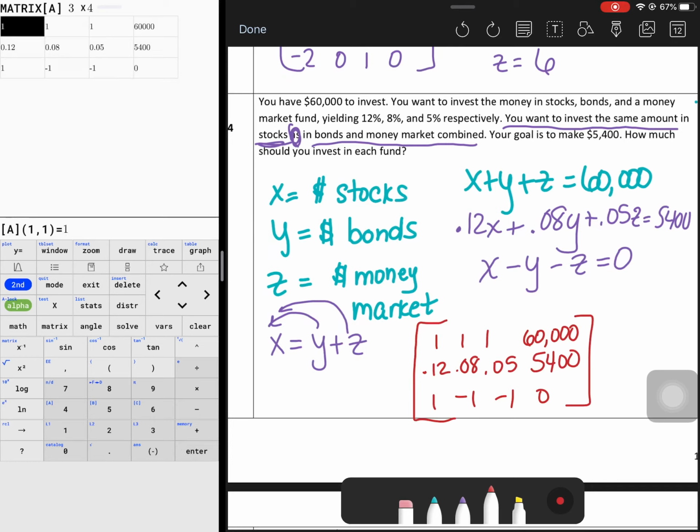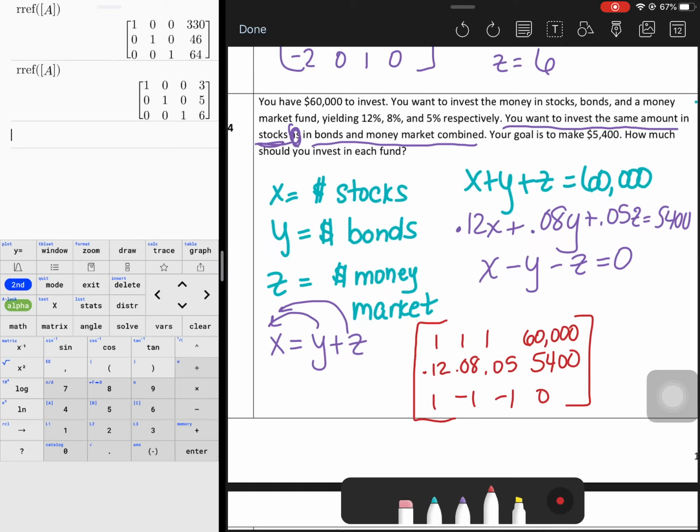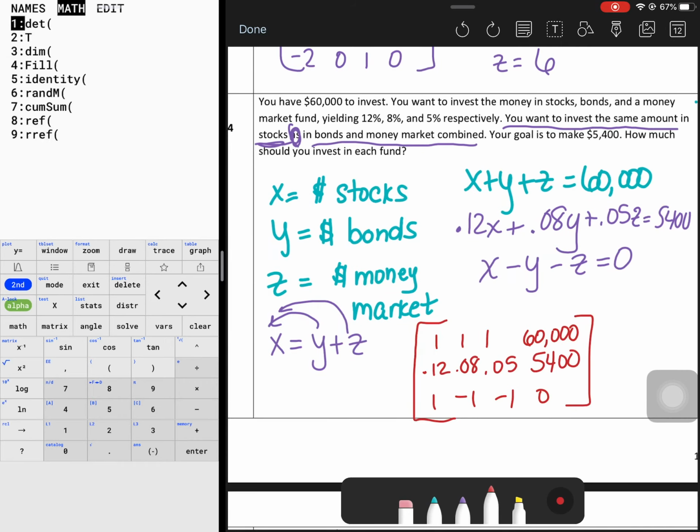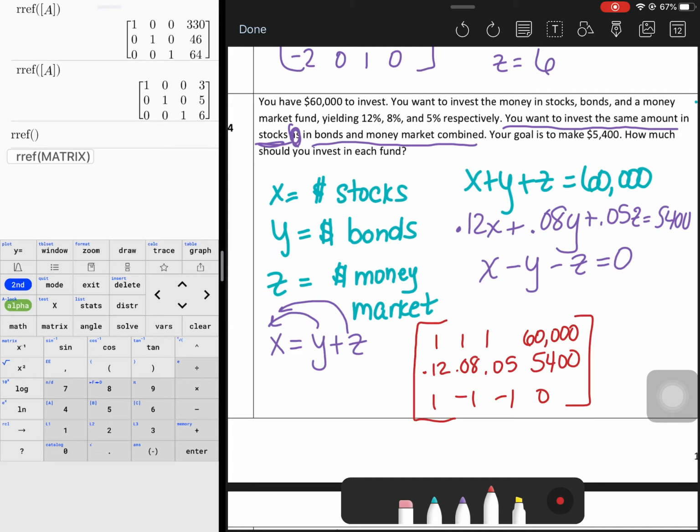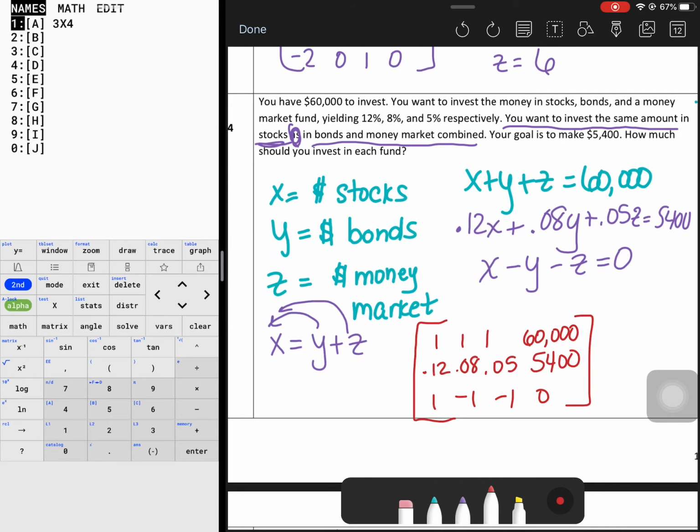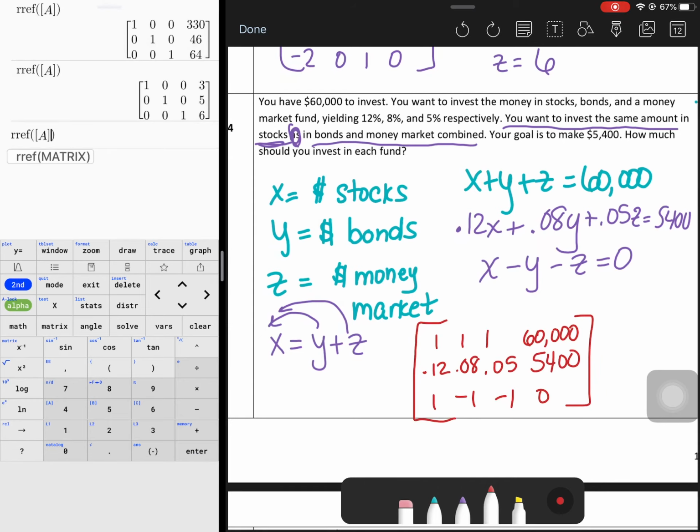Okay, now we're going to go to the blue second button and the button quit next to it. Press matrix, arrow once over to math, and go to number 9, row reduced echelon form. Press enter. Then go back to matrix and press enter on the name. And then go ahead and press enter again, and it's going to tell us how much is in each account.